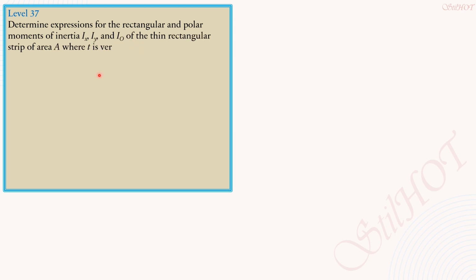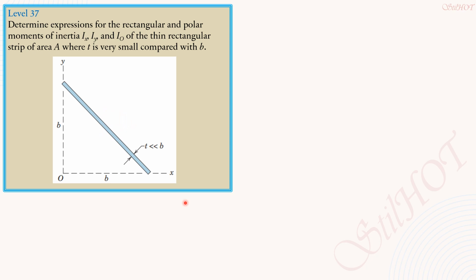Level 37, determine expressions for the rectangular and polar moments of inertia Ix, Iy, and Io of the thin strip of area A where t is very small compared with b as shown. For our solution, this is in relation to level 36. We have a strip there.